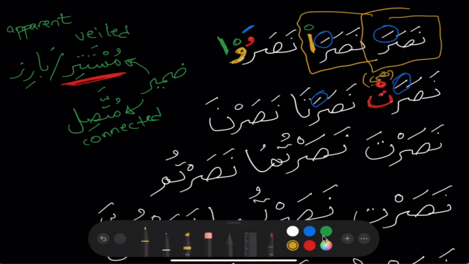When you say nasarat hindun, then the doer is hind, not hiya. If you take away zayd and hind here, and you just say nasara only, or nasarat, then the doer is huwa or hiya. He or she. Without any need to say any pronoun. So I think that's clear. If you have any question, go ahead.